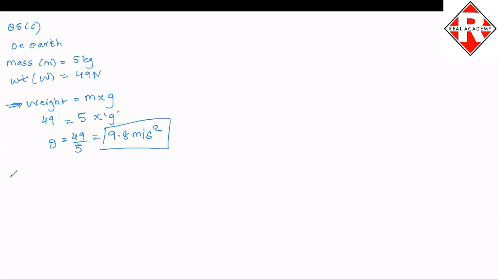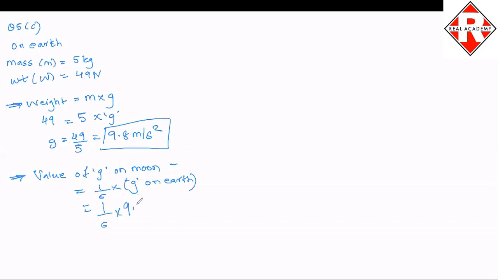Okay. Now they have given that the value of g on moon is 1/6 of that on the earth. It is given in the question, correct? So we know that g on earth is 9.8.